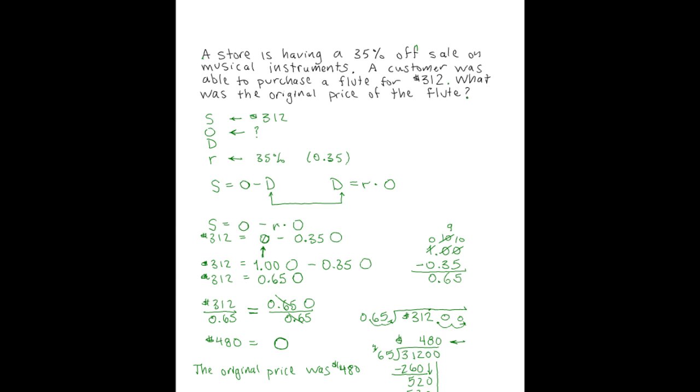If the customer was able to buy the flute on sale for $312, the original price certainly must have been more. And we expect it to be a little bit more, but not ridiculously more expensive. 35% off is almost a third off. So when we look at our answer, $480, we find that that is quite reasonable. It's relatively close to $312, but it's more, which is exactly what we expected it to be.